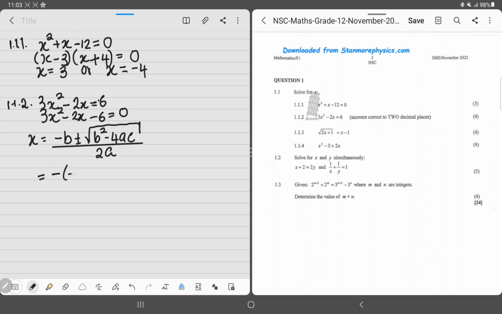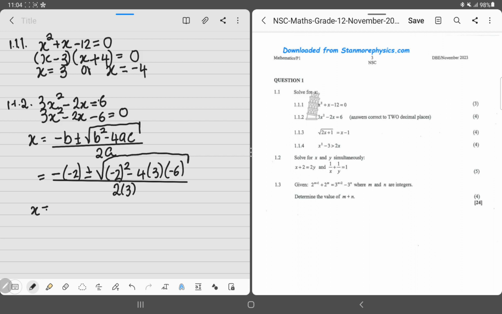So our b is minus 2, plus minus the square root of minus 2 squared minus 4. Our a is 3 and our c is minus 6, over 2 into 3.